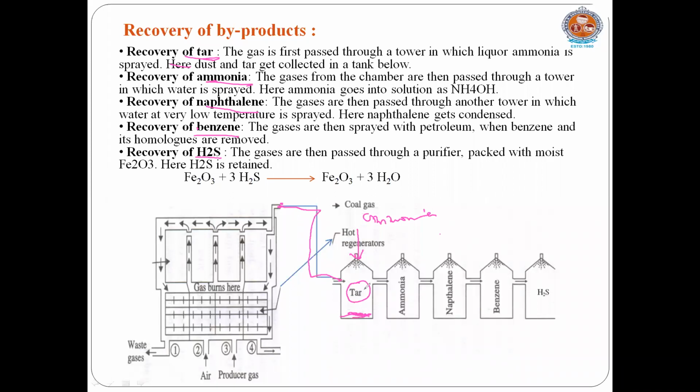Later this gas is allowed into the next chamber. Here we spray water, H2O, or sulfuric acid. So the water dissolves the ammonia content. Whatever ammonia we used to condense the tar, or ammonia content present in the coal sample, is separated here. How is it separated?